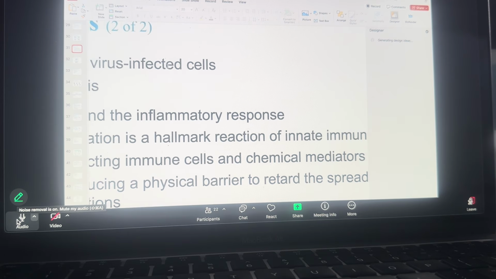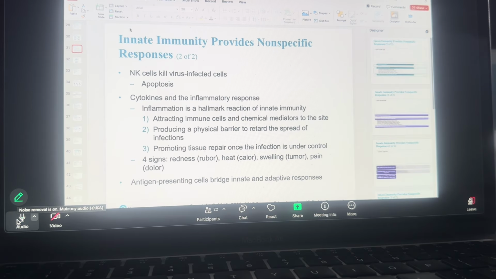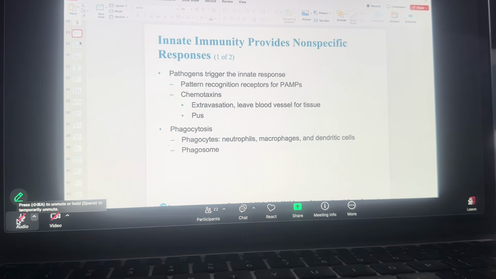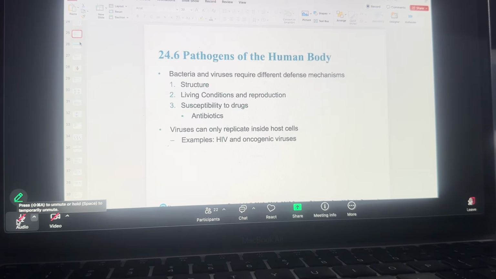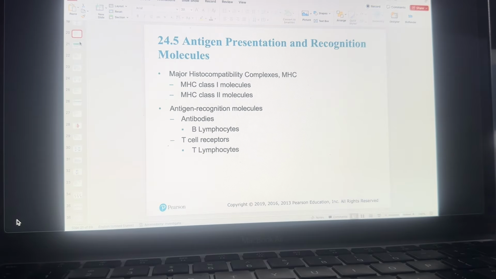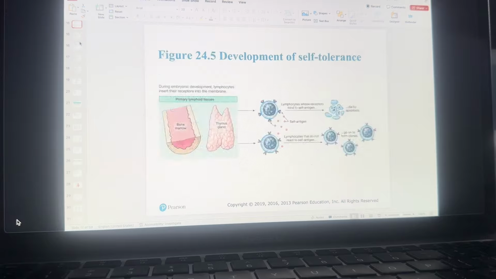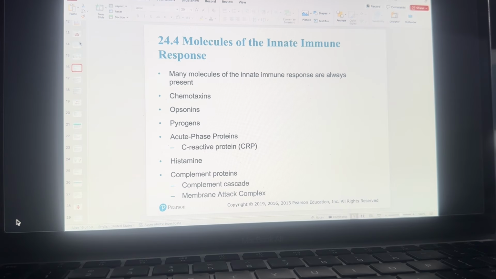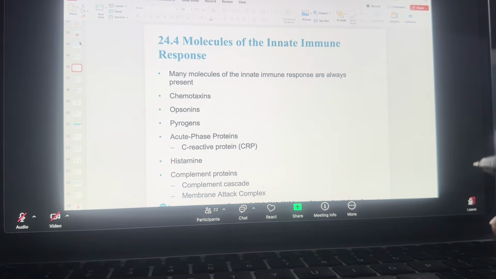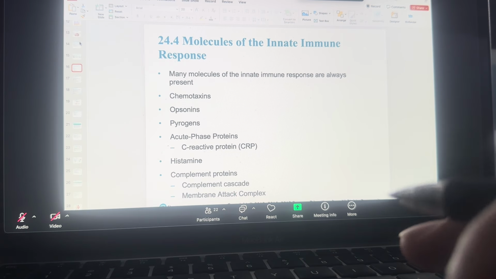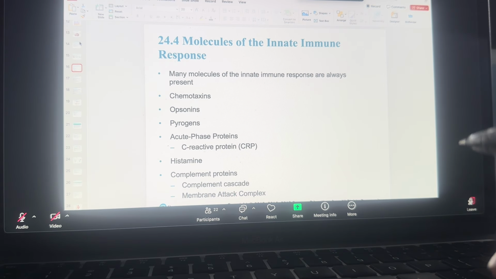Okay, how cells communicate, right? Let's take a step back. So cell communication. Once a T cell binds with an antigen presenting cell, it's going to communicate with it by using those MHC class 2 molecules, MHC class 1 molecules.